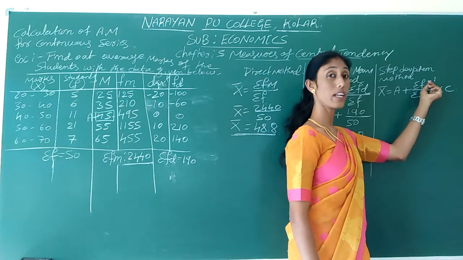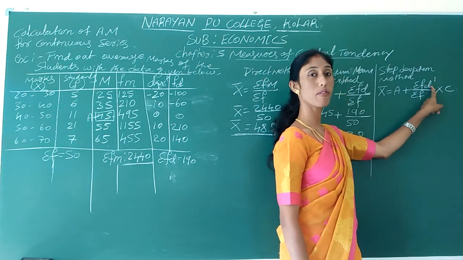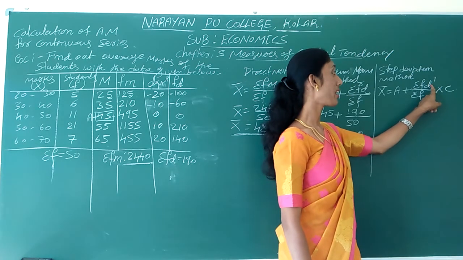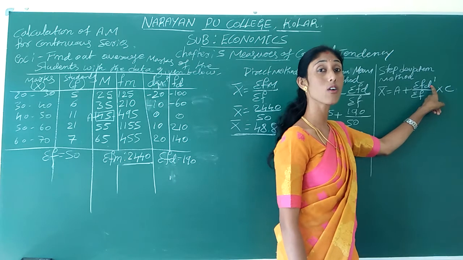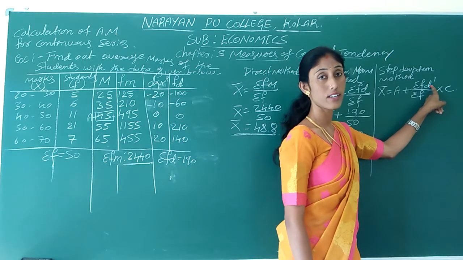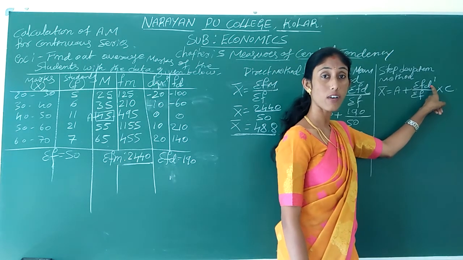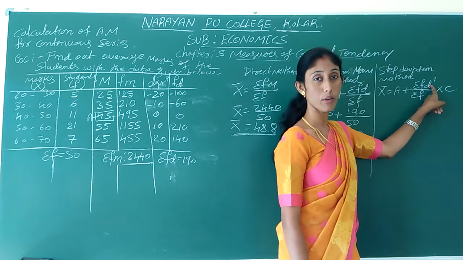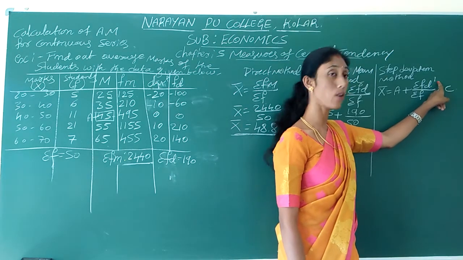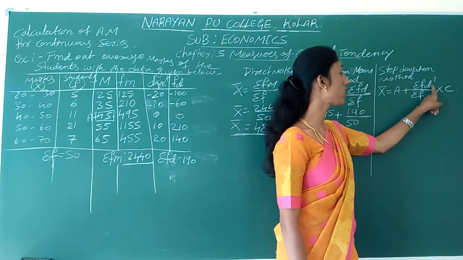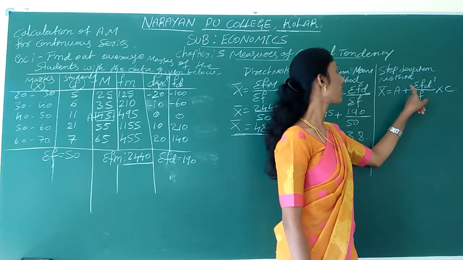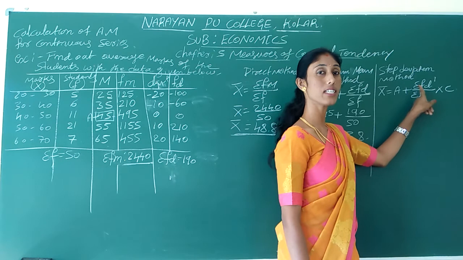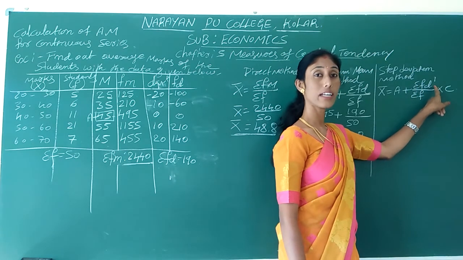Sigma f into d dot, where d dot is how you will find it: by dividing the deviation values by a common factor. Dividing the deviation values by a common factor, we will get d dot. After we multiply the d dot values with the frequency and add them all, we get sigma f into d dot.